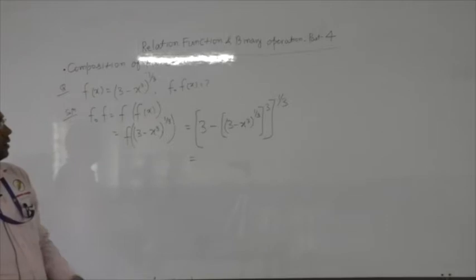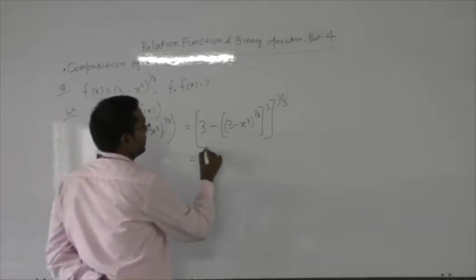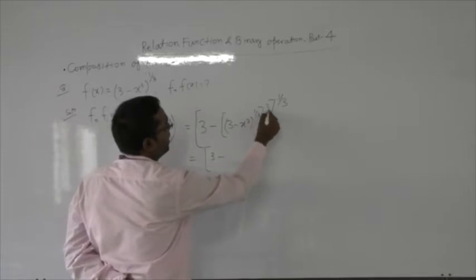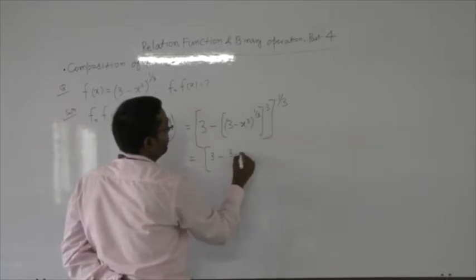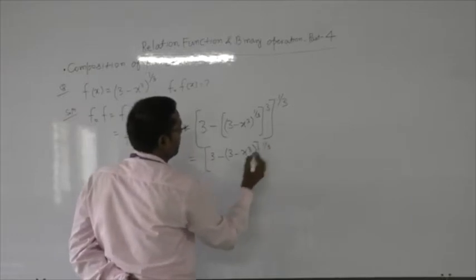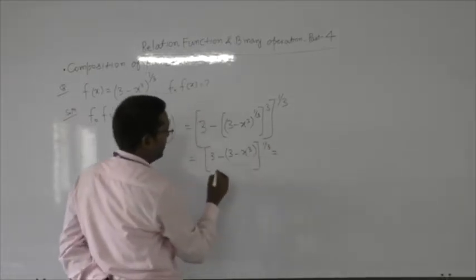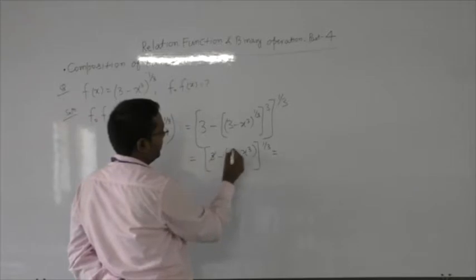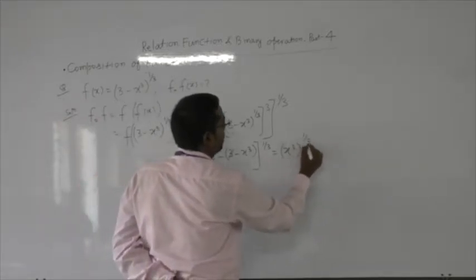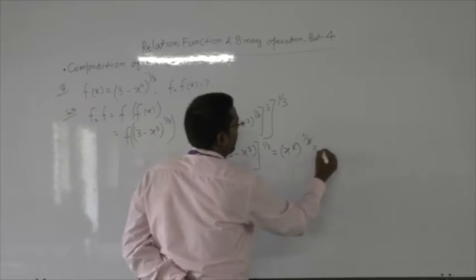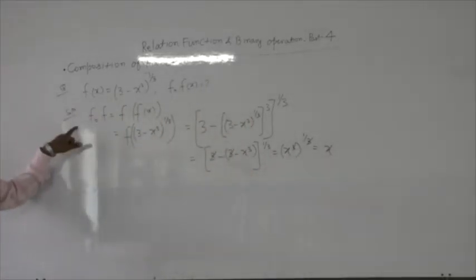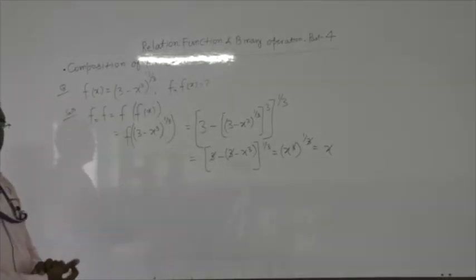Right? Now let's calculate it. So 3 minus, now this and this will get multiplied and we will get 3 minus (3 minus x cube), only, whole to the power 1 by 3. Now this can be written, if we break it, this and this will get cancelled and we will get x cube to the power 1 by 3. Now this and this will get cancelled and we will get x only. So this is a composition of function in itself.